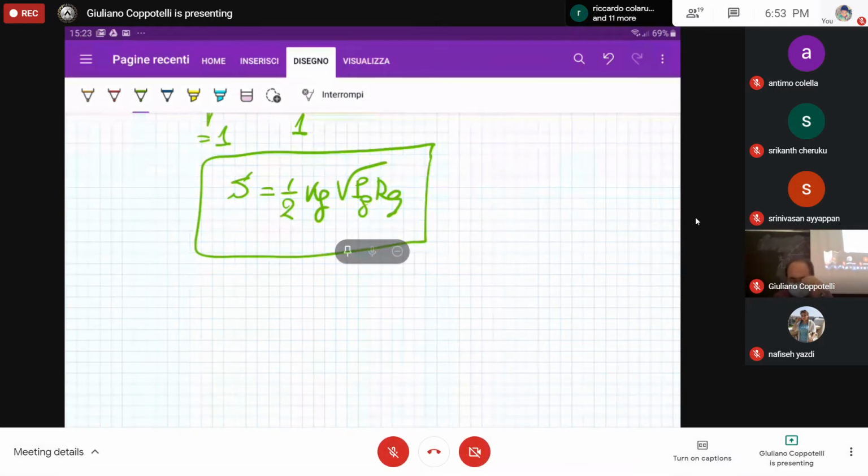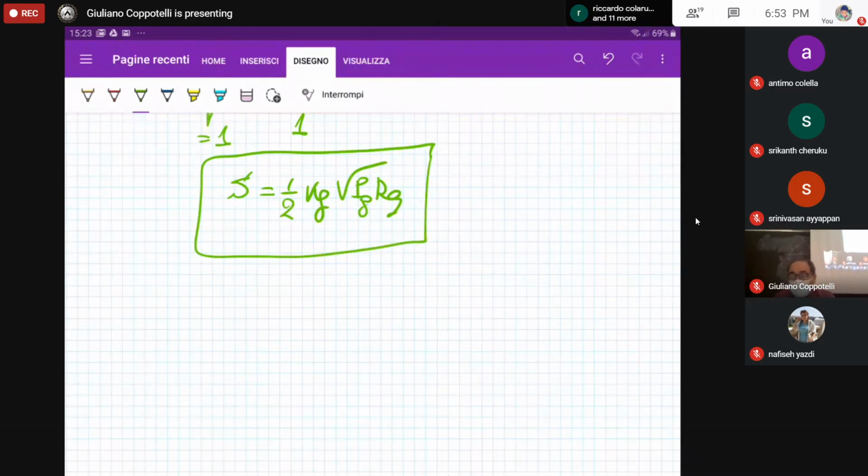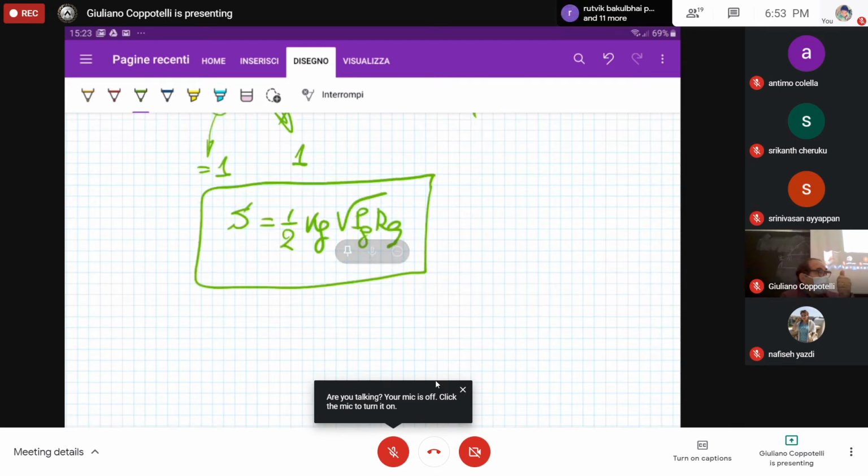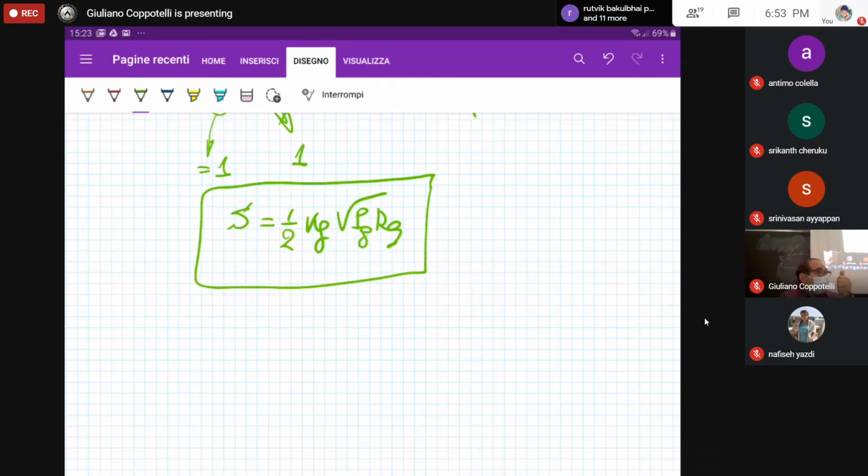And if you compare that sensitivity with the one of using just one strain gauge, as you can see, we are having less than half the sensitivity. So we are paying for the temperature compensation with a reduction of the sensitivity.